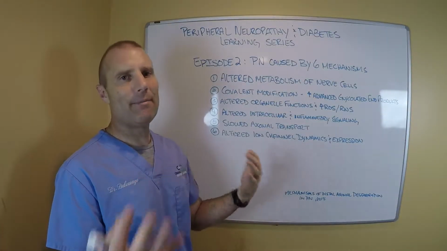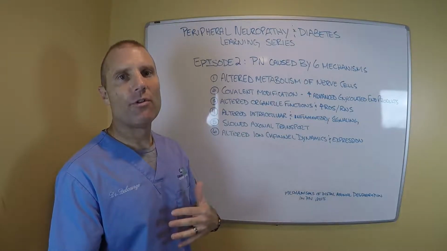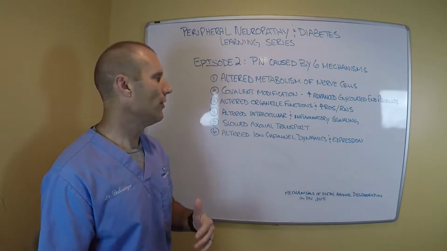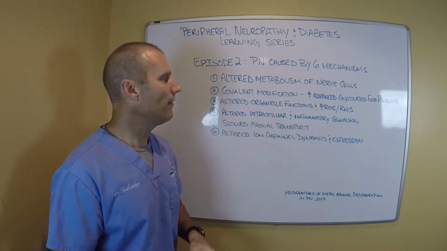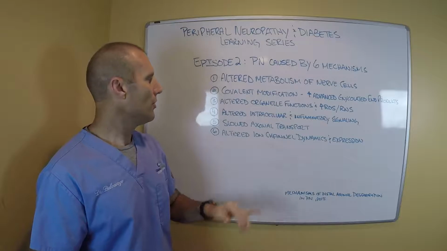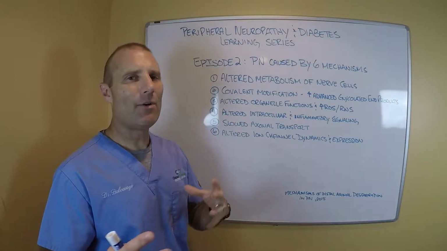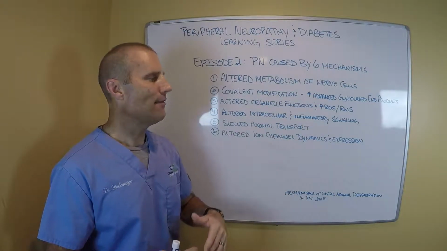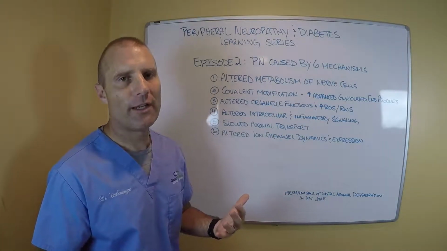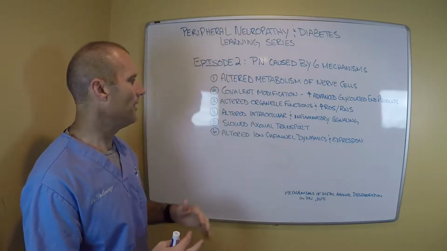That causes damage to the nerve, and that can trigger the symptoms of neuropathy and nerve damage. Fourth, we get altered intracellular and inflammatory signaling. The intracellular signaling that's supposed to help maintain healthy neurons gets out of control, and we get an excessive inflammatory process occurring, and that too is part of this mechanism of peripheral neuropathy.